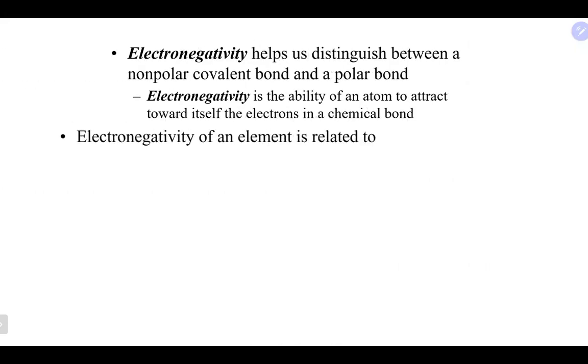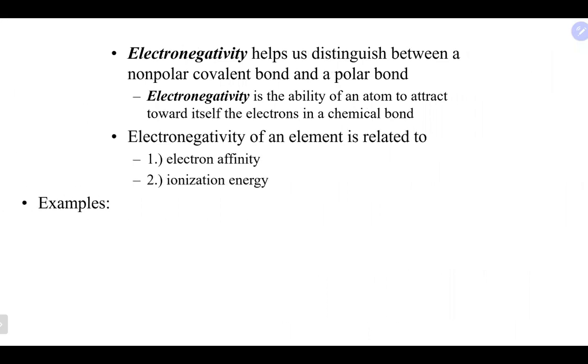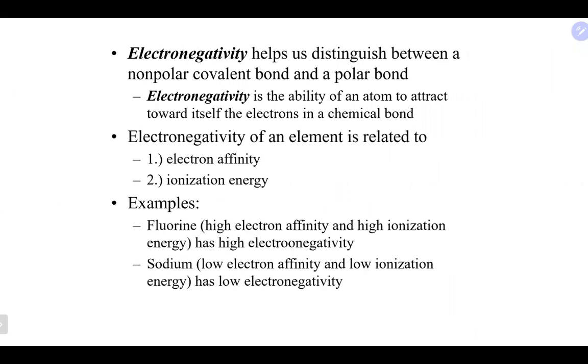So what really helps us determine whether we will get equal sharing of electrons when we put two atoms together, or unequal sharing of electrons, is the electronegativity. It also could help us determine ionic bonding as well. And electronegativity, as we talked about, is the ability to bring electrons towards itself.